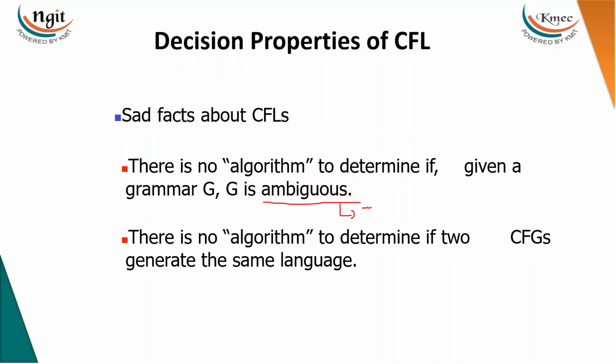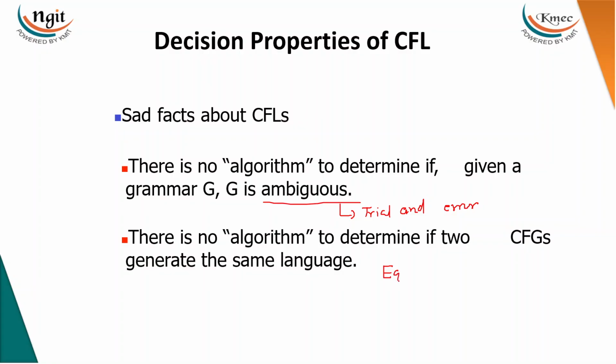It is a complete trial and error method. You cannot prove with an algorithm that the language or the grammar is ambiguous. You have to take strings and try to construct more than one parse tree.